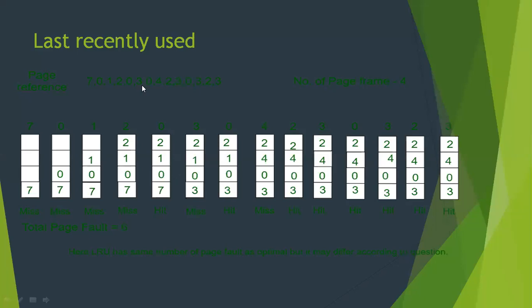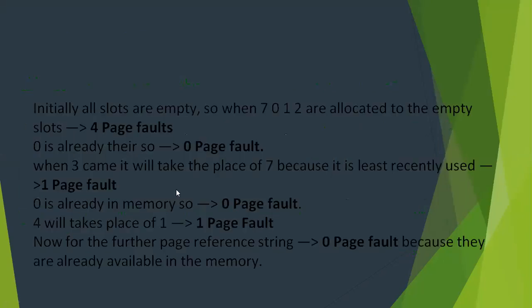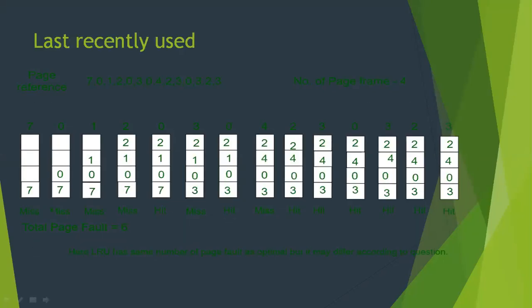So a page hit occurs. And then 3 comes, and we have to assign memory to 3. The least recently used page is 7, so we replace 7 by 3. Here also one page fault occurs because 3 is not present in memory.